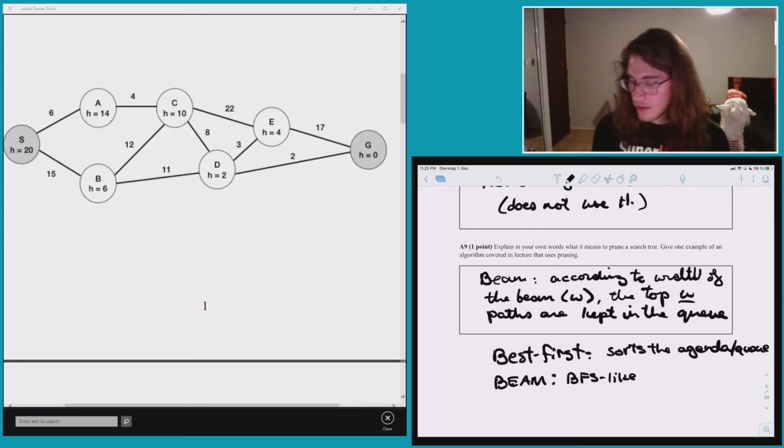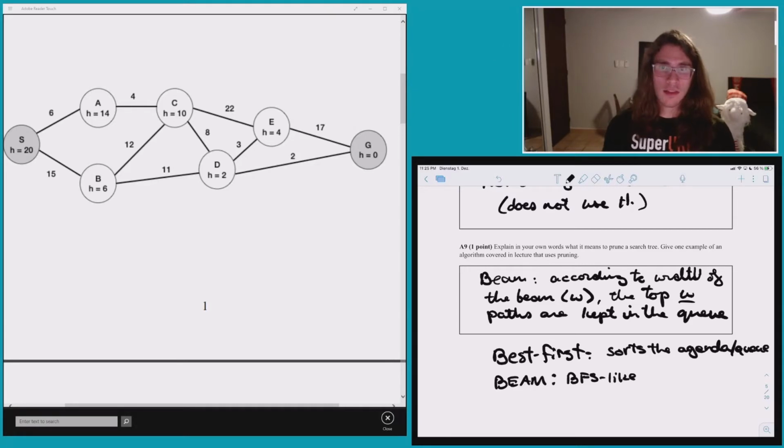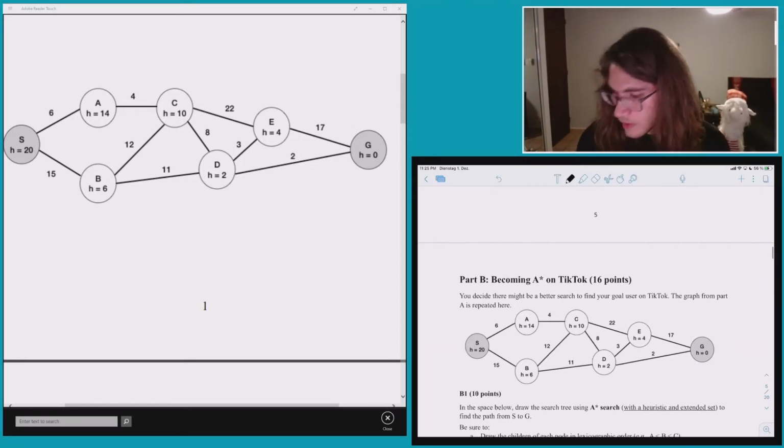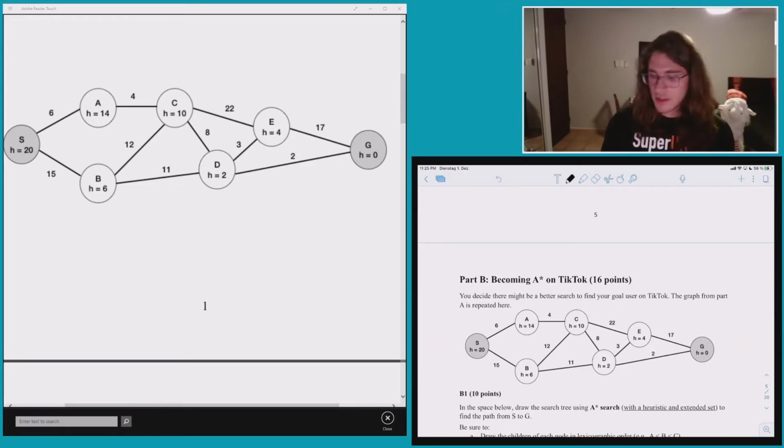So it's not that Beam search sorts the queue per se, it's that it adds to the back of the queue like BFS, but the way it chooses which paths to add to the back of the queue is by sorting by heuristic and picking the top W. And by picking the top W, you are pruning by choosing not to explore the other possible paths that didn't make the cut.